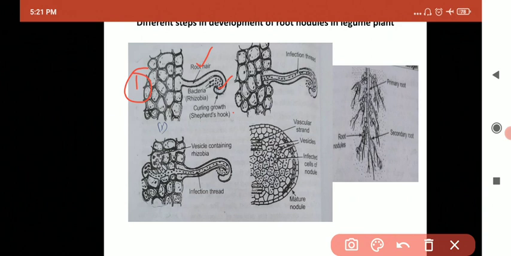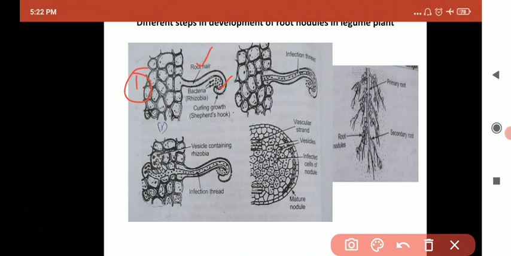The nod factors present on the surface of migrated rhizobia bind to the lectin proteins present on the root hairs. So here a nod-lectin bond gets prepared.